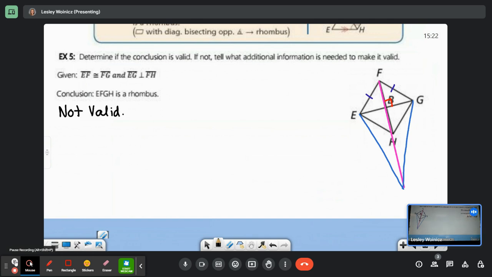So what would make this valid? What would we need to know? Yeah, if they told us it's a parallelogram, we need to know that EFGH is a parallelogram.